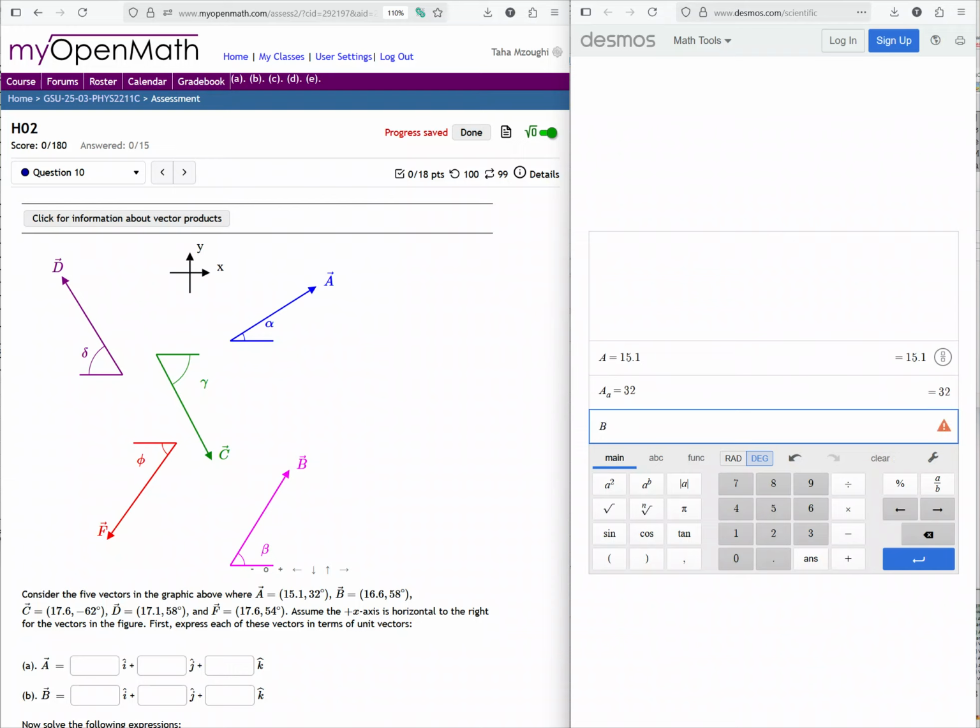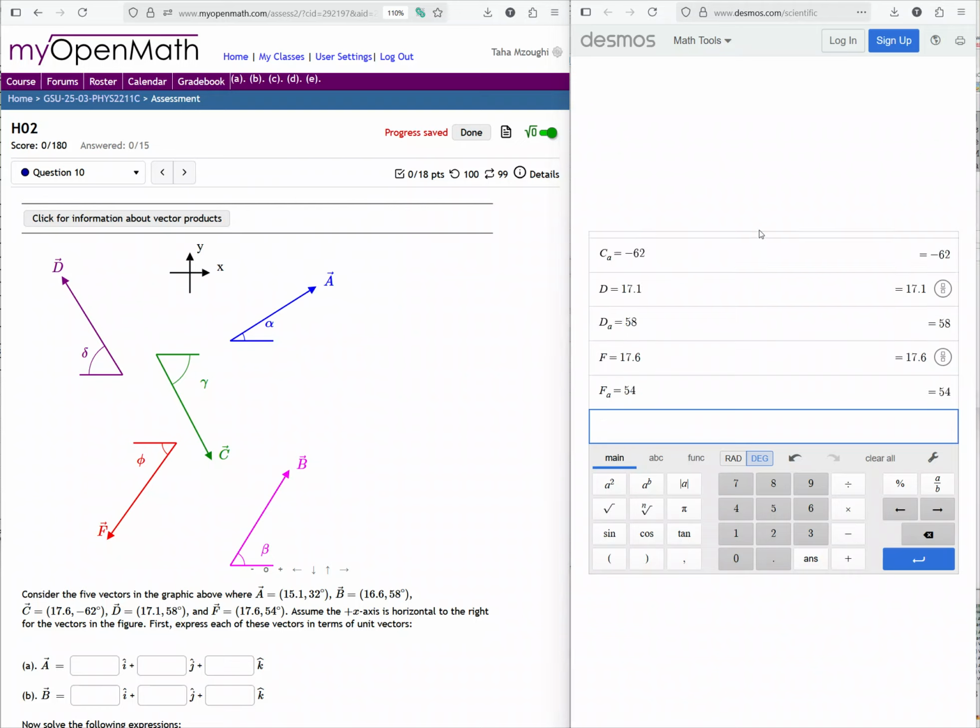Okay, B, 16, 16.6. As I'm slow typing, I'm going to pause the video, type the rest of them, and then I'll restart.